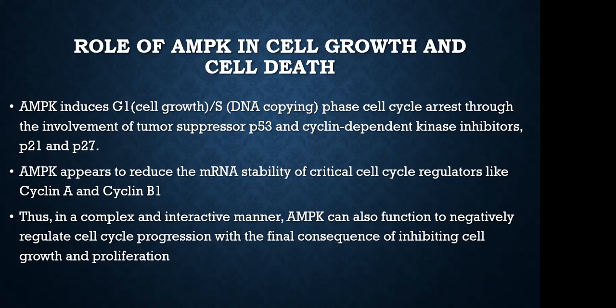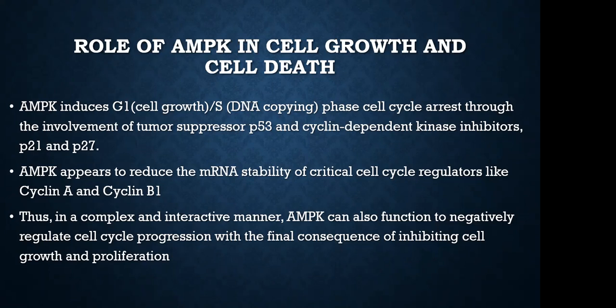And then you also have the cyclin-dependent kinase inhibitors, P21 and P27. They also play a huge role, especially at the S section of the cell cycle with the DNA copying.